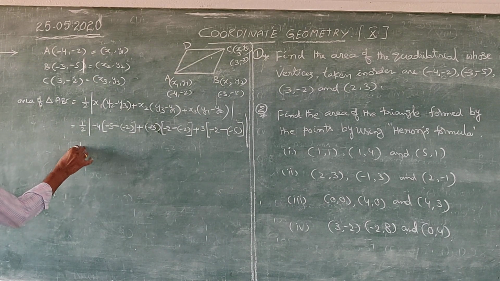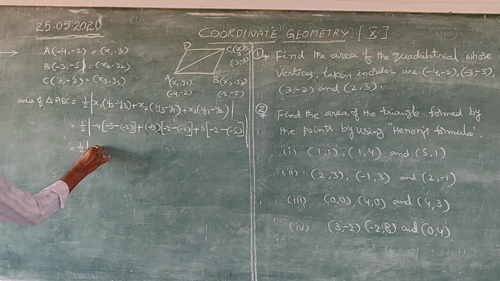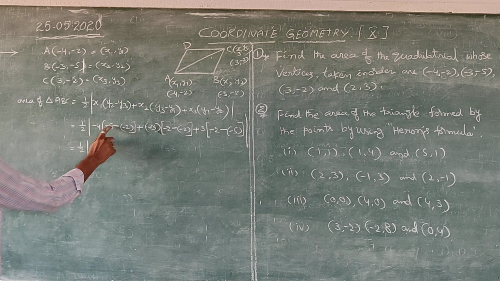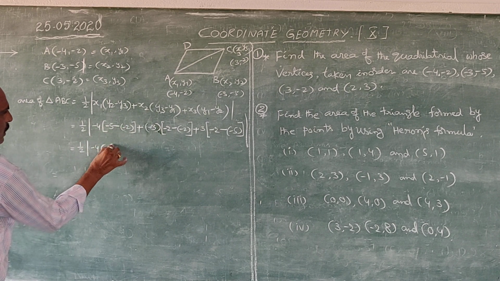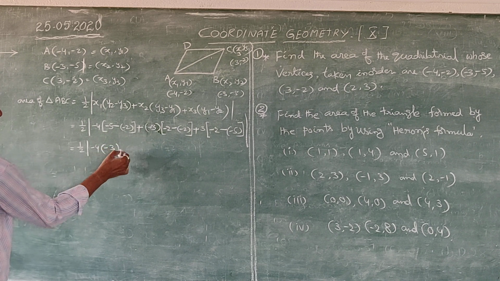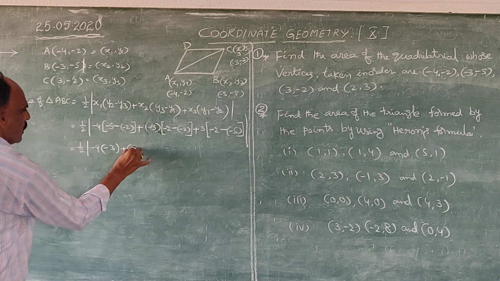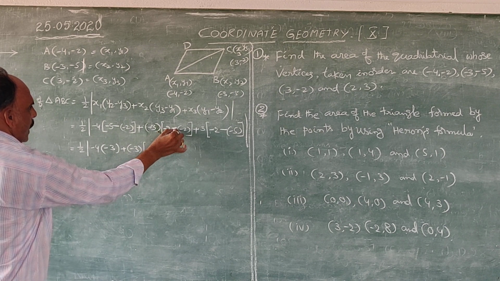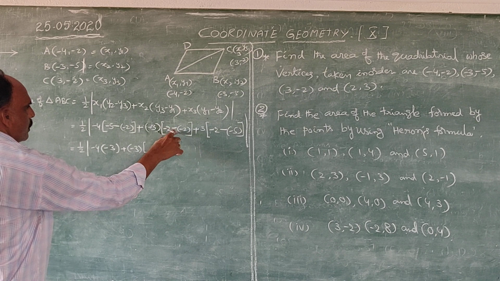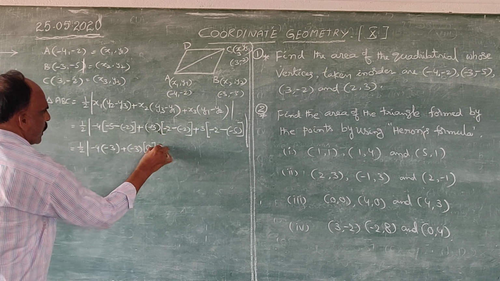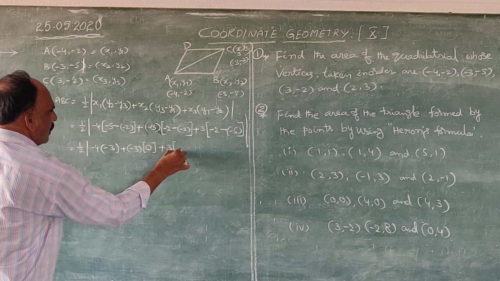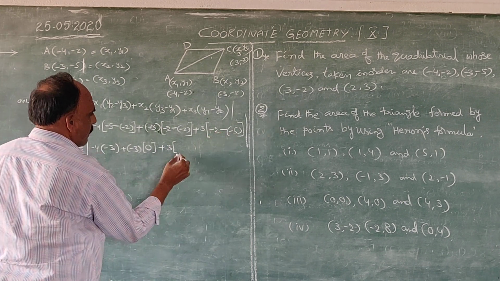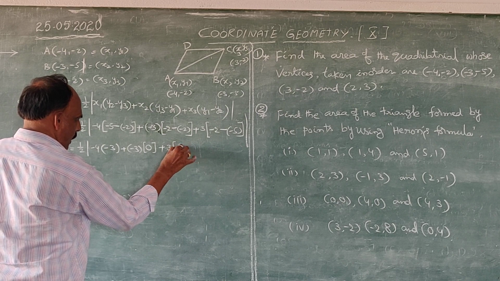Then simplify: half modulus of -4 into (-5 plus 2, which is -3), plus -3 into (-2 plus 2, which is 0), plus 3 into (-2 plus 5, which is 3).